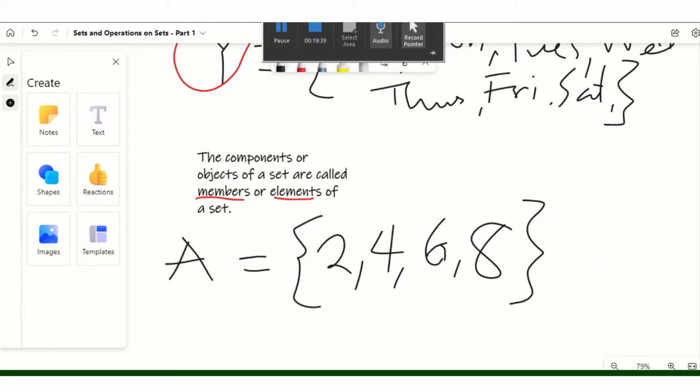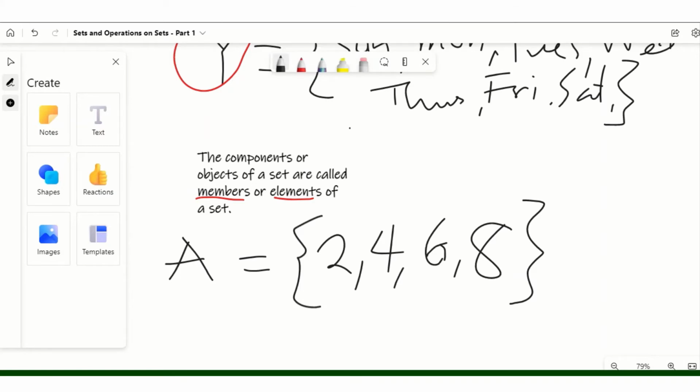Now, if you look at this set, what do you think they have in common? Let's study this a bit. Look at 2, look at 4, look at 6, look at 8. What do they have in common?